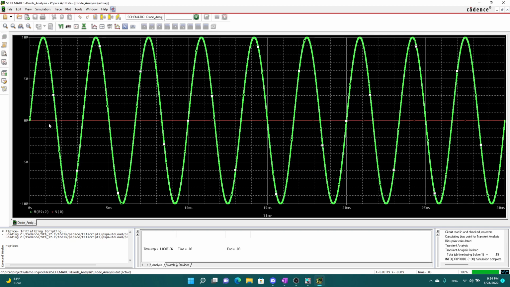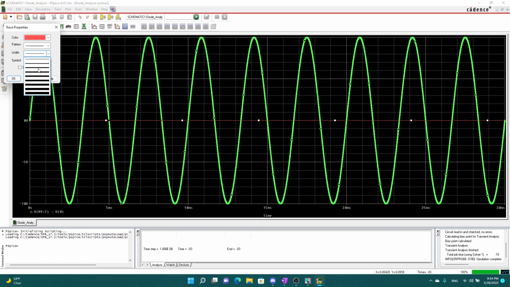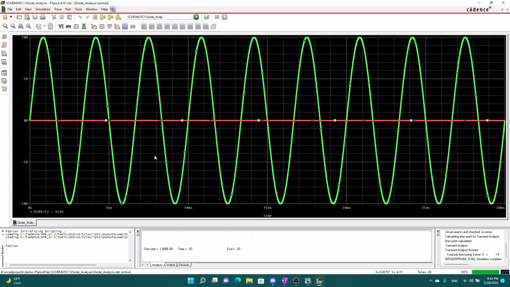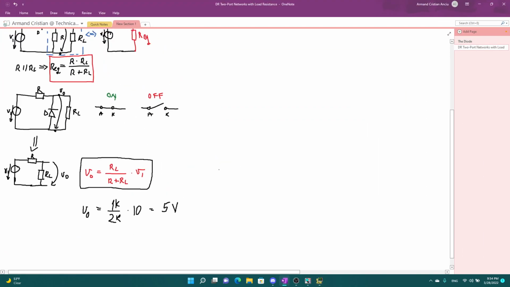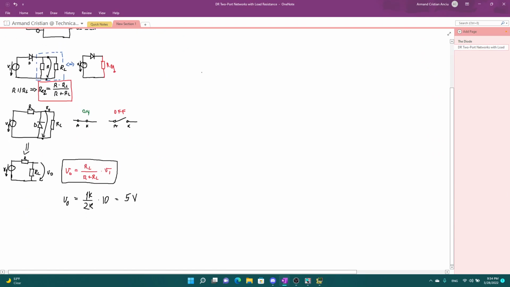So that's why using a load resistor is considered a drawback. So far we've discussed what happens in terms of voltages. We can also go further and discuss what happens in these circuits in terms of currents.